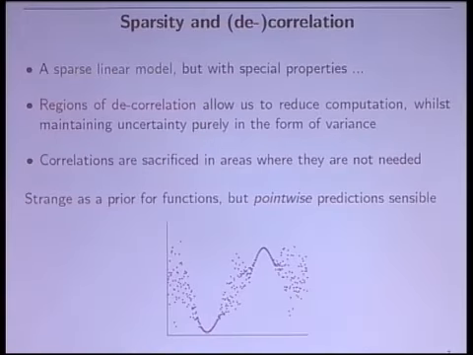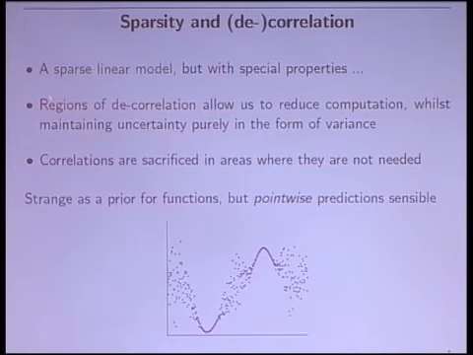So I just want to say a few things about this type of approximation to do with sparsity and correlation. Well, this type of model is in essence a sparse finite basis linear model, but it has a few special properties.